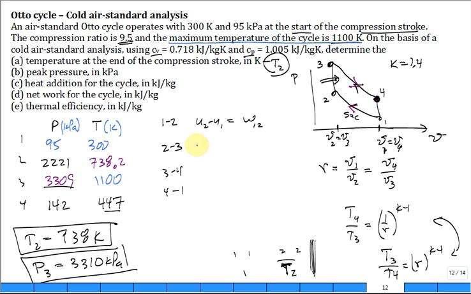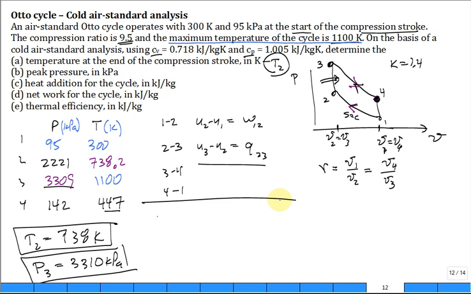And this is U3 minus U2 is equal to Q, not 1 to 2, it's Q2 to 3. This equation I use to calculate the heat in, which is Q2 to 3. So let me try and erase over here, make some room. When you have the cold air standard analysis, you must use that.